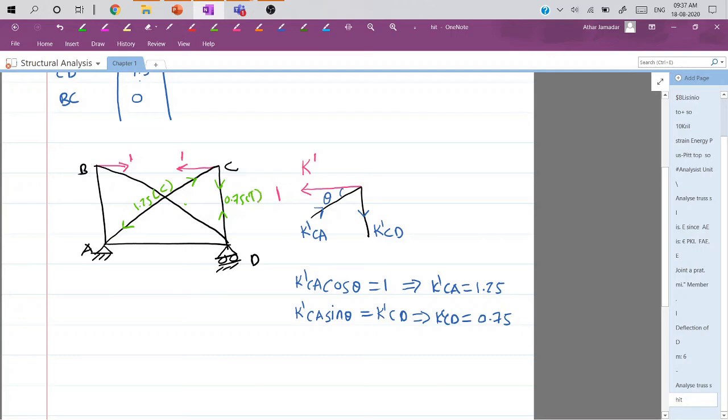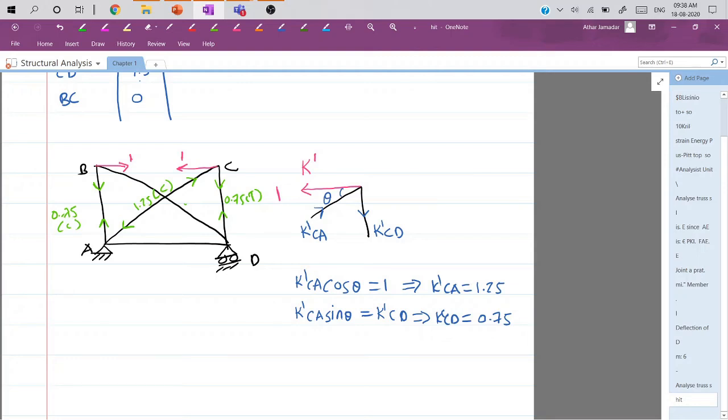Due to symmetry, the member force in BD will be equal to the member force in AC, and the member force in AB is equal to the member force in CD. The only remaining member is member AD.